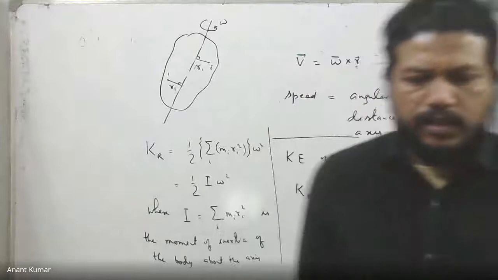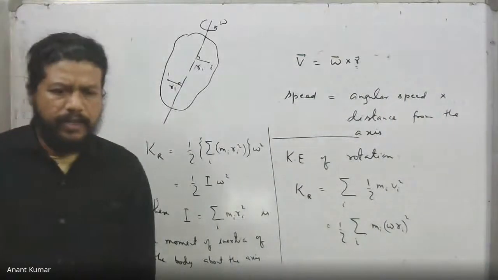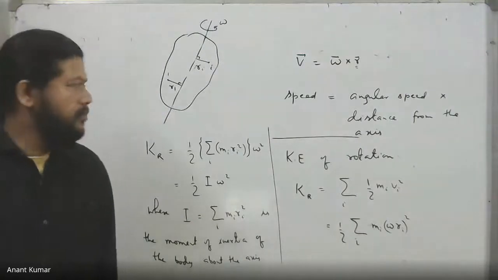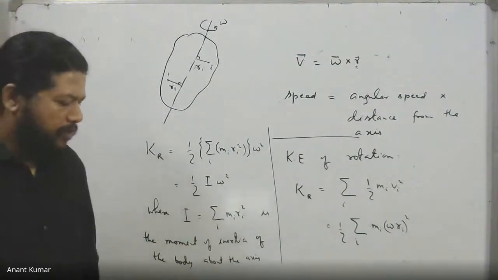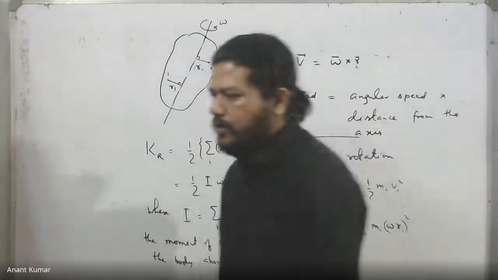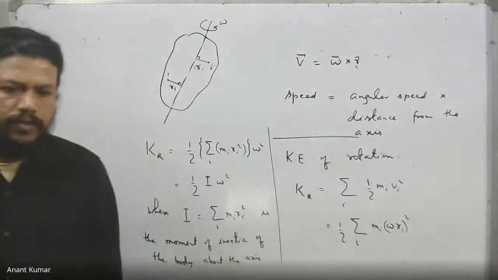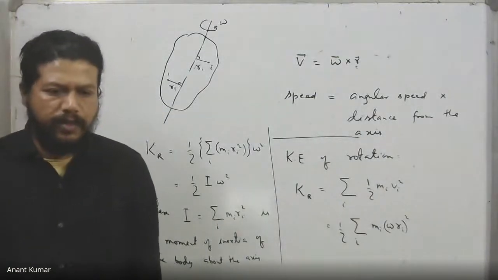In this case, it is an analogous quantity to mass: whatever is present in the non-rotational case as mass, in case of rotation can be seen as the moment of inertia.